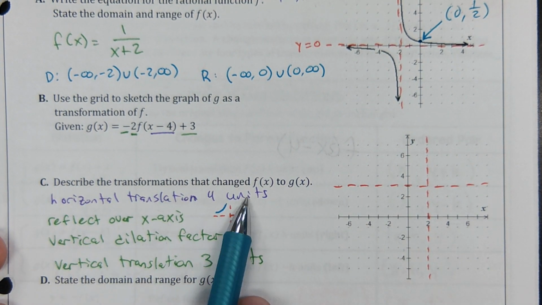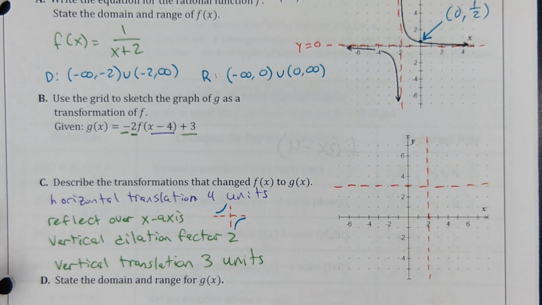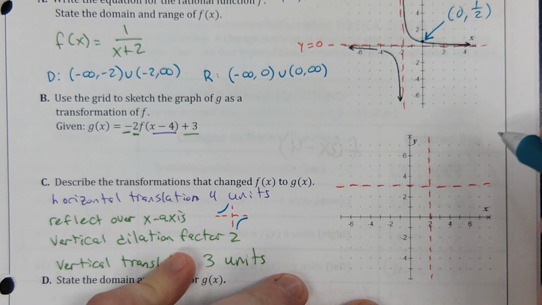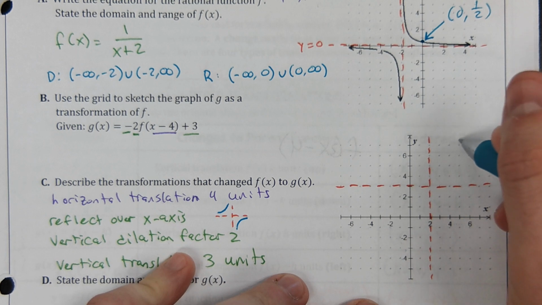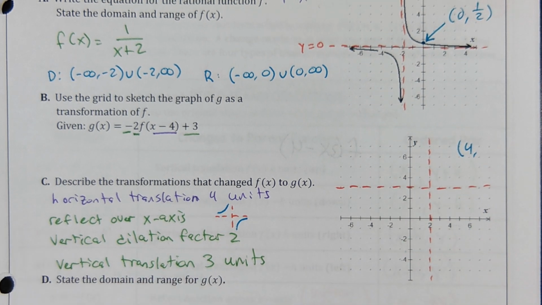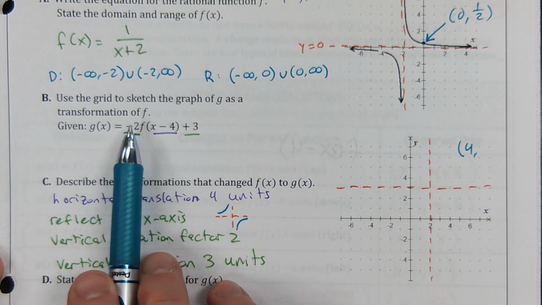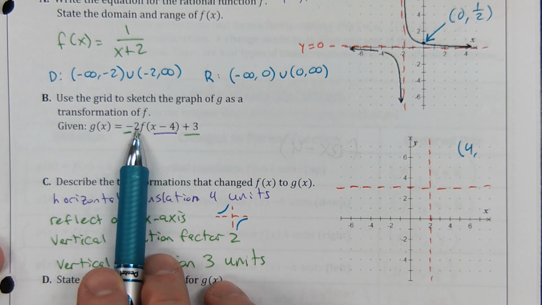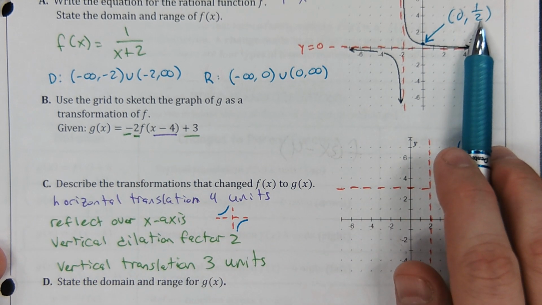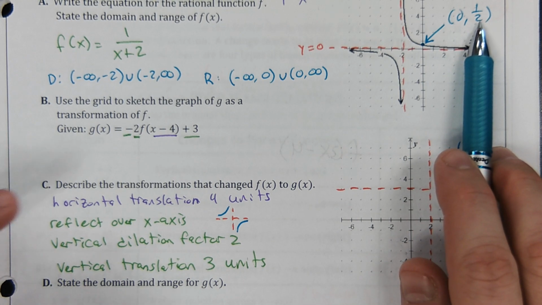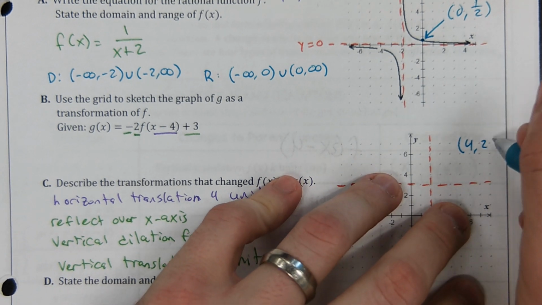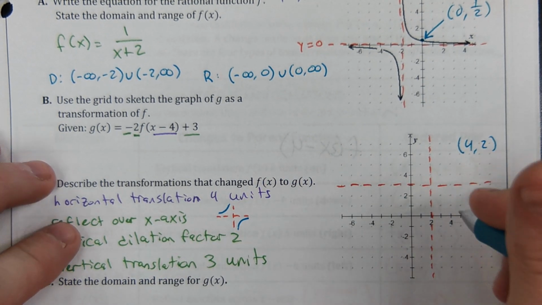First, shift right 4. That means add 4 to this, so it's now at 4, something, right? The other 3, the things I wrote in green, they're only going to change the y values. Together, these 2 right here, this negative and this 2, say multiply your y value by -2. So you multiply this 1/2 by -2, you get -1. Then you add 3 to that -1, and you get +2. I know there's a coordinate at 4, 2.